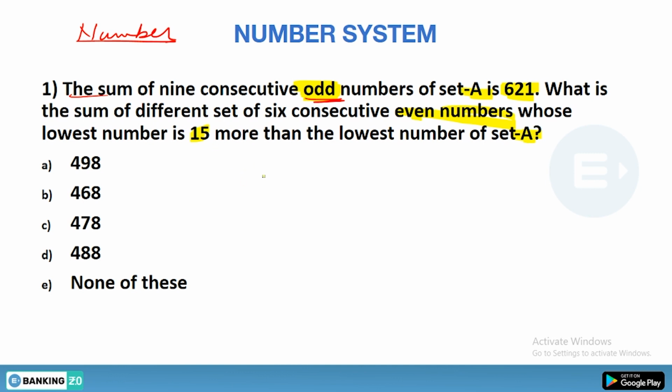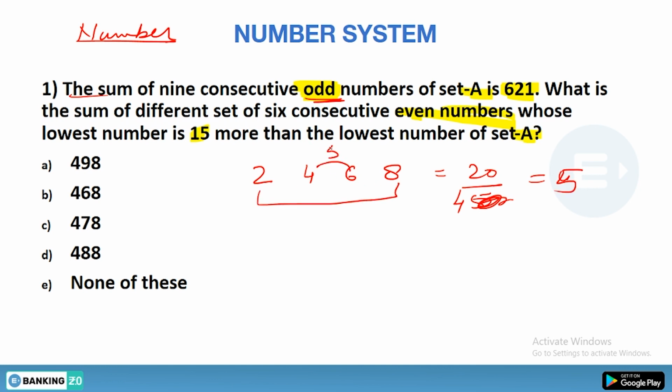First of all, you should understand that the sum of consecutive even or consecutive odd numbers depends on the total number of elements. Let's say you have 2, 4, 6, 8. If you add these, 2 and 4 is 6, 6 and 6 is 12, 12 and 8 is 20. The sum is 20, and the average is 5, because the number of terms is even, so the average lies in between the two middle numbers.